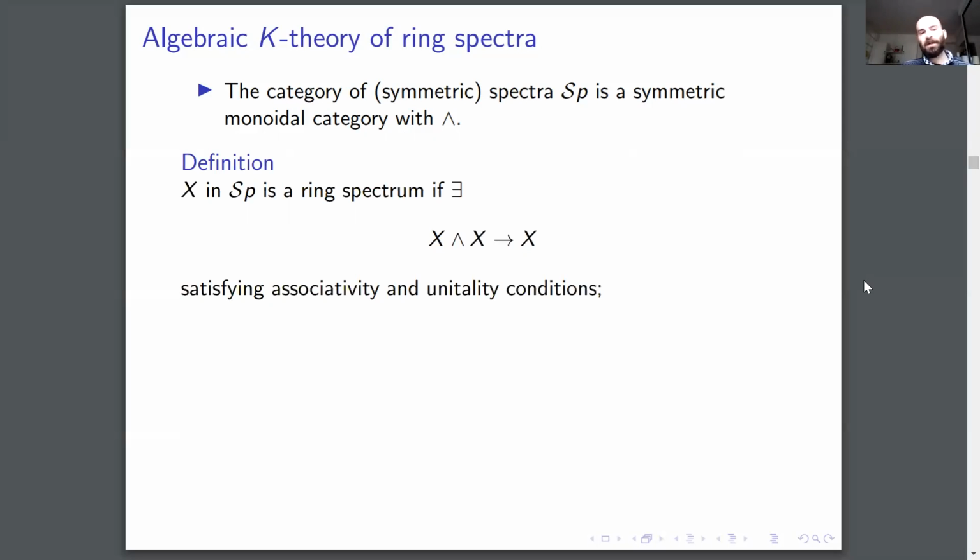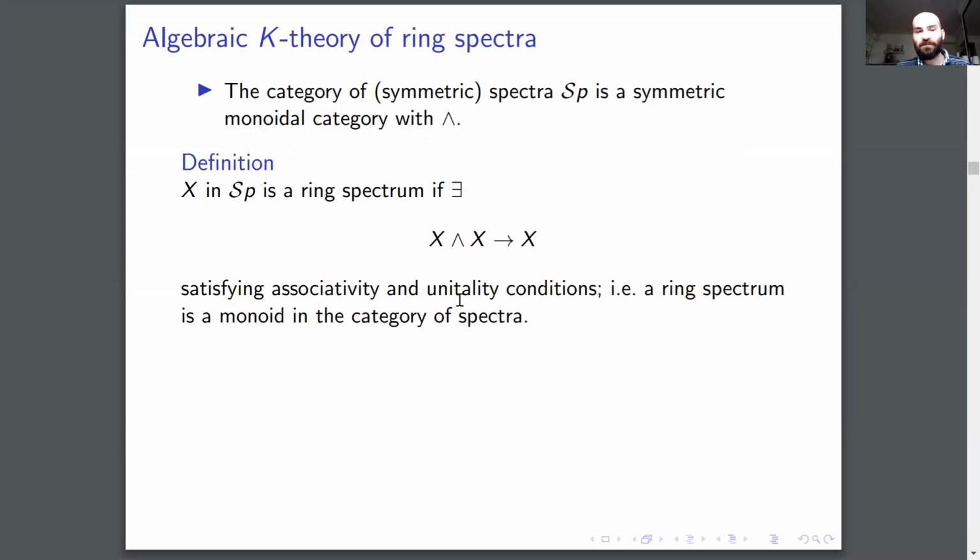So in spectra, a ring spectrum is defined in analogy by using this monoidal structure. You can think about the monoidal structure in analogy with the tensor product in abelian groups. We say a spectrum X is a ring spectrum if there is a map from X smash X to X that satisfies some associativity and unitality conditions.